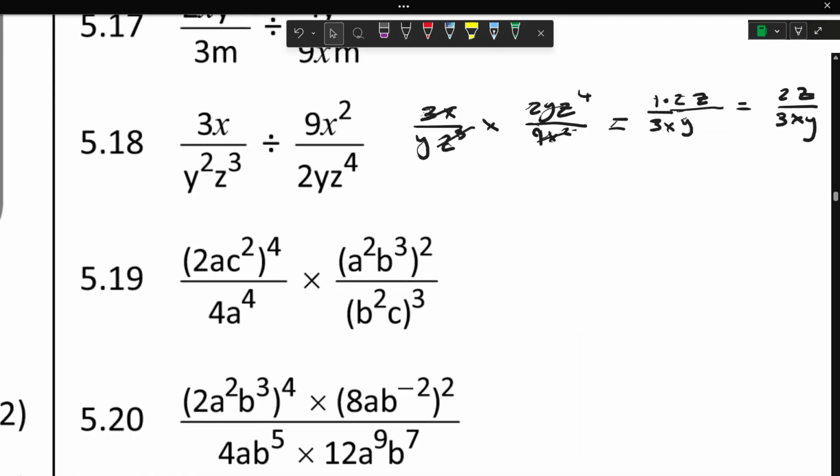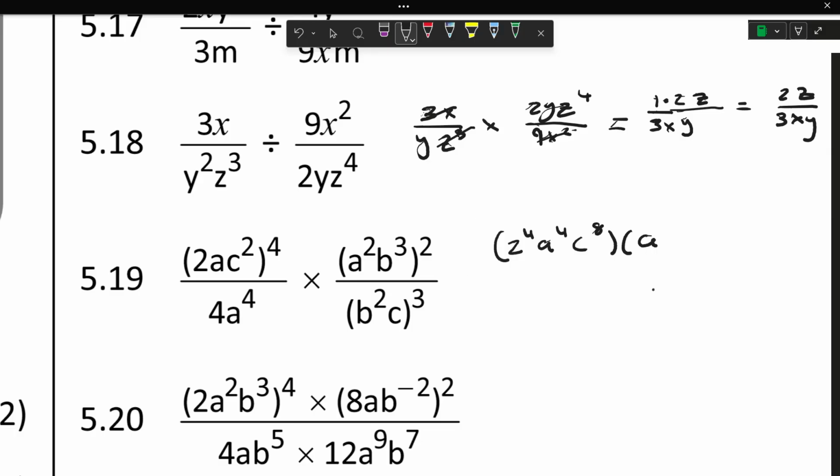So let's have a look here. These are just multiplied. So what we can say is it's 2 to the 4, a to the 4, c to the 8, a squared. Oh, wait, no, there's an exponent outside.